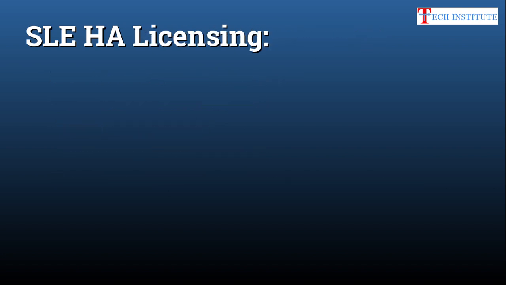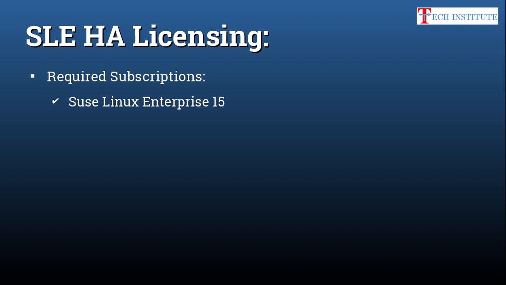Now the last component is called licensing. You learned what all the benefits are, but how can you use the SUSE Linux high availability package or software? For that you need two components of subscription. One is the base SUSE Linux Enterprise subscription, either 15 or 12.